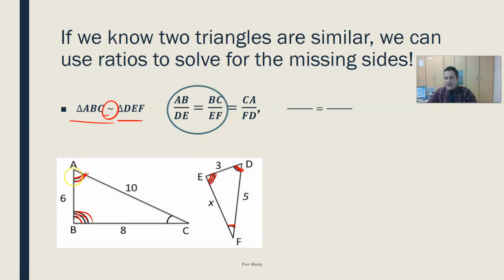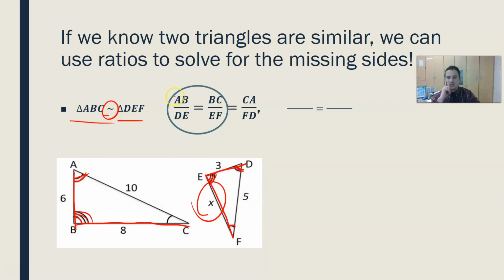So AB divided by DE is equal to BC divided by EF, and so on. Only problem is I don't know this side, but I'm going to be able to find it.